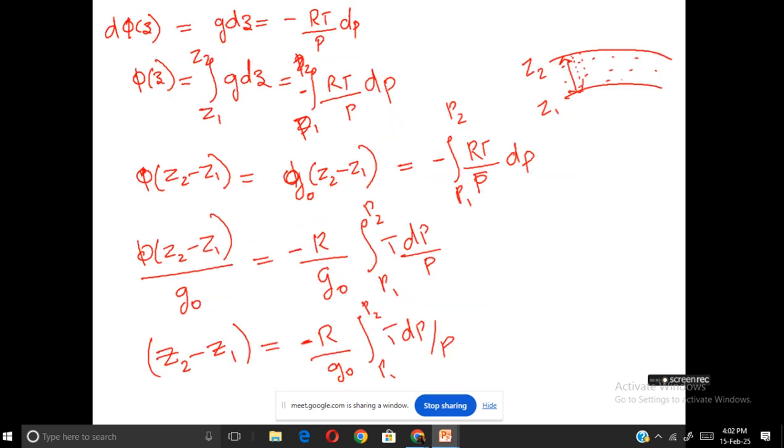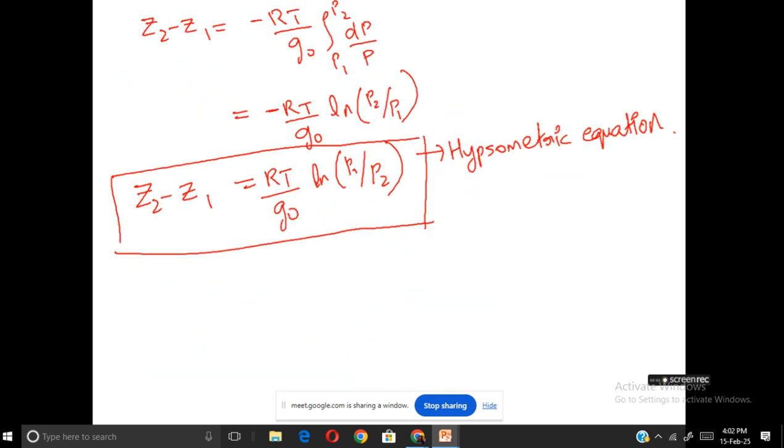Then we learned geopotential thickness Z2 minus Z1 is equal to RT by g0 log P1 by P2, which is known as the hypsometric equation. These are the three terms that I wanted you to be familiar with. Now let's solve two problems based on the hypsometric equation.